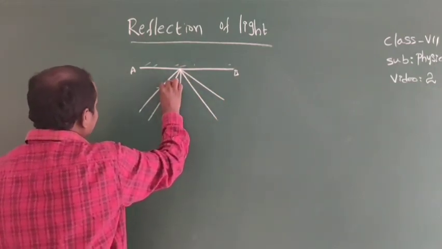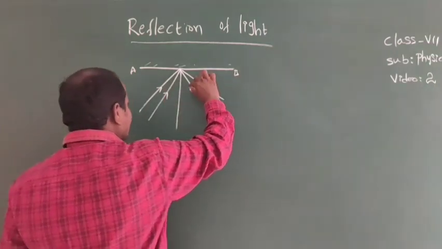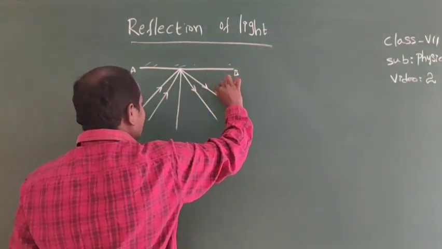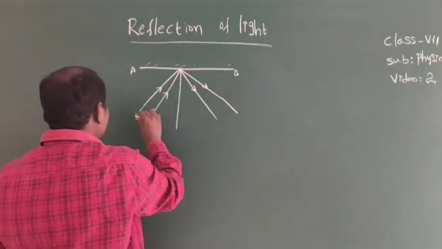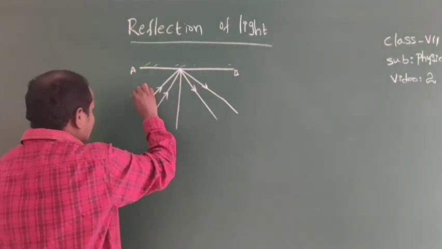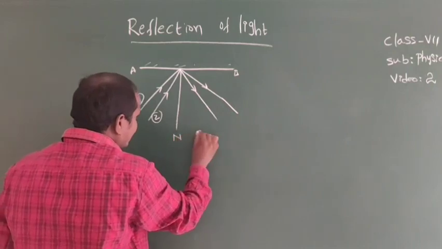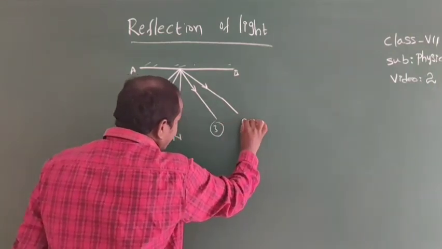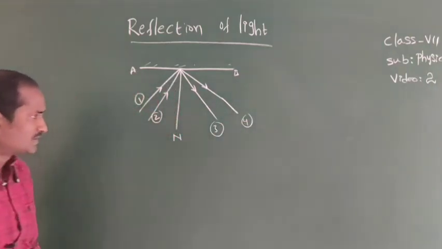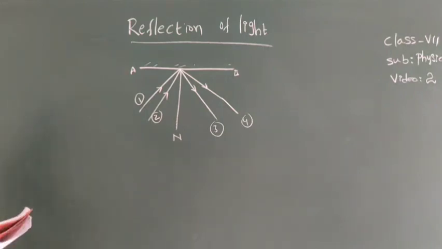This is the normal line. These two are the incident rays. These two are the reflected rays. So it is ray 1, ray 2. This is the normal line, ray 3, and ray 4. So your table is given.